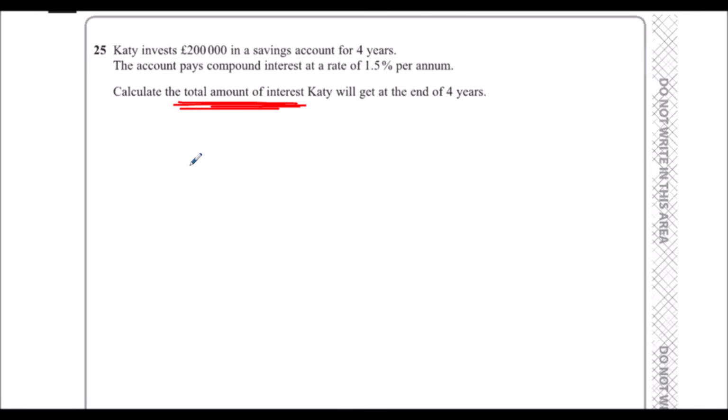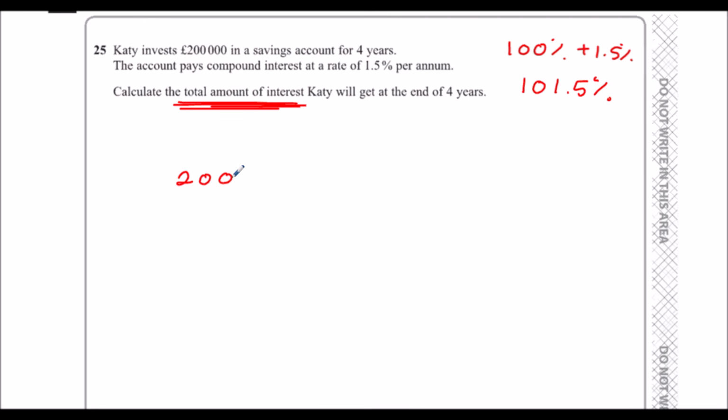So we want to add on 1.5% per year. So we're going to have 100% plus 1.5% each year. So at the end of each year, we're going to have 101.5% of what we did in the previous year.